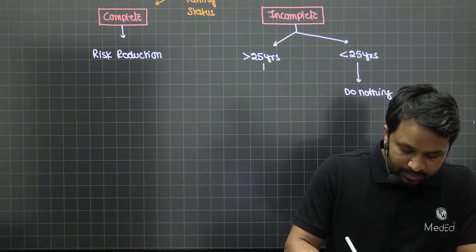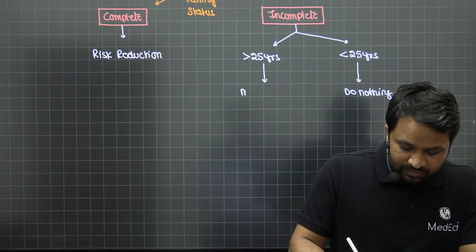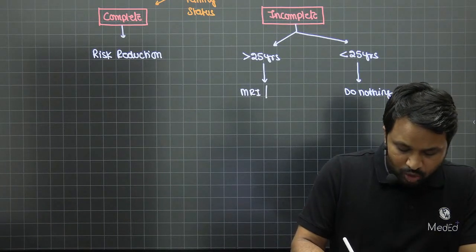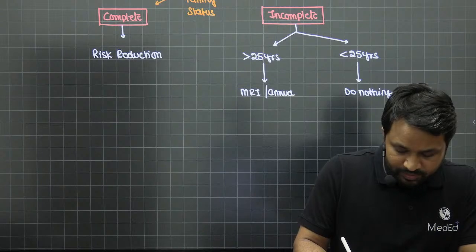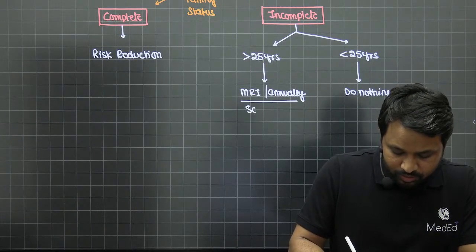If the patient is above 25 and family status is incomplete, this is where I will advise the patient to get an MRI on an annual basis. So annual MRI is the screening that you are going to do.